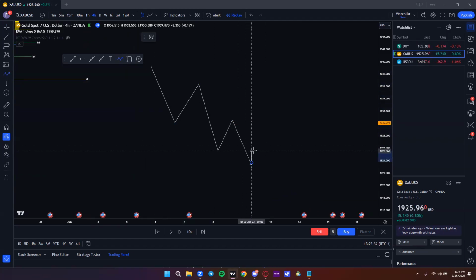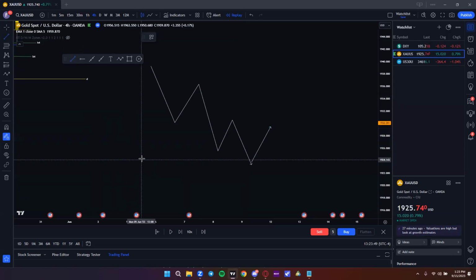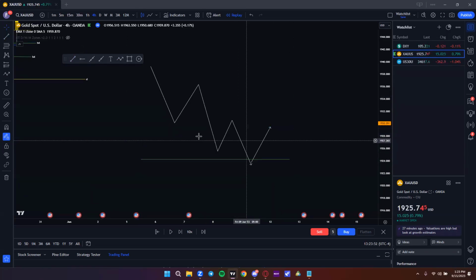You can take this trade, they say, right? But then they say, within here there are roadblocks that will cause this not to hold, or they'll say, yeah, price found support.